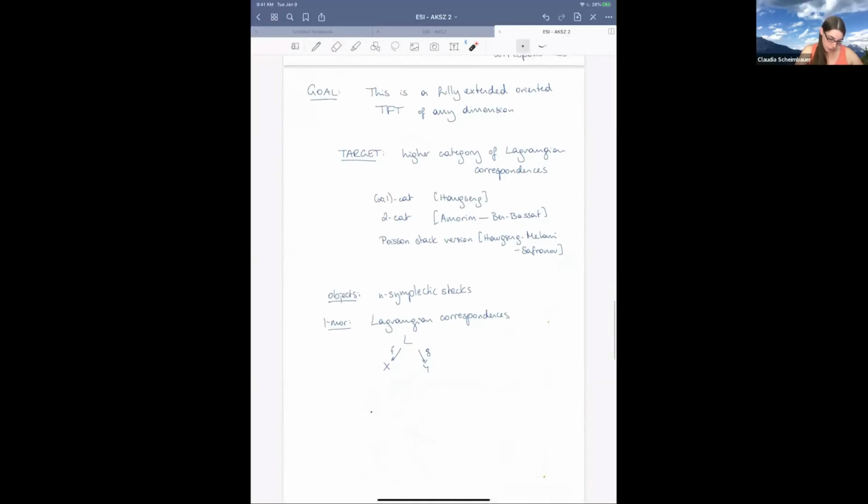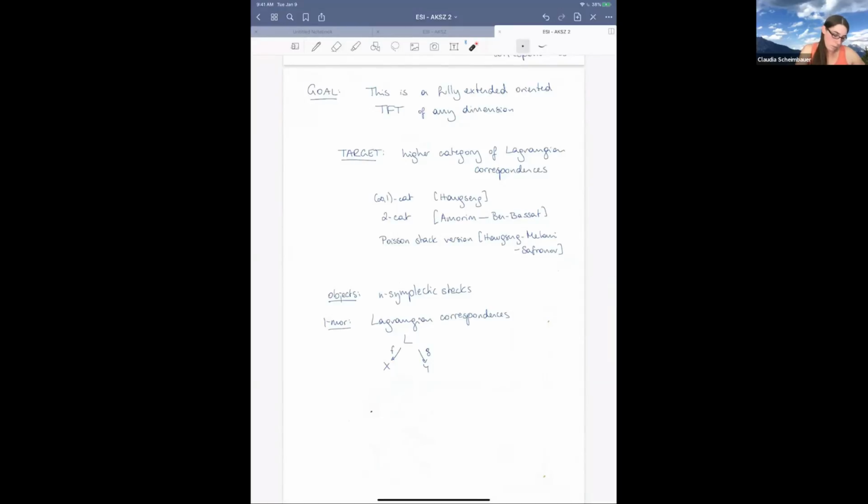I realize I should have left more space here to explain this. The ingredient for the fully extended situation is we need a replacement of the target. We need a generalization of this, where objects are shifted symplectic manifolds, stacks, and morphisms are Lagrangian correspondences. And so we need a higher category thereof.